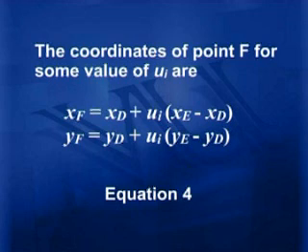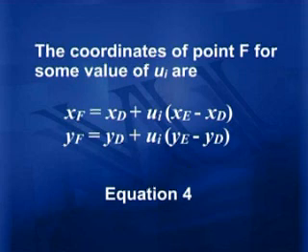The coordinates of point F for the same value of ui would be given as xf equals xd plus ui times xe minus xd, and yf would be given by yd plus ui times ye minus yd.